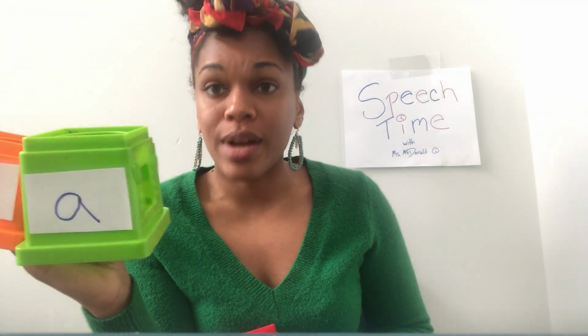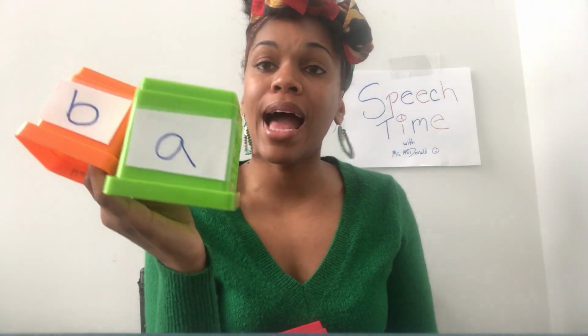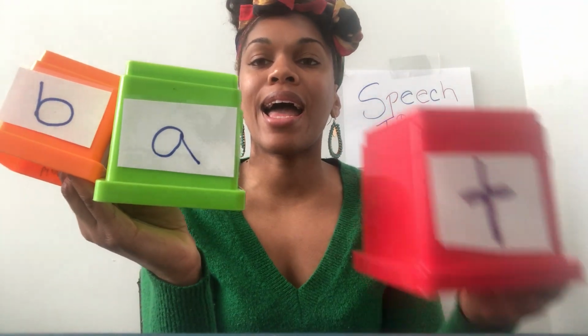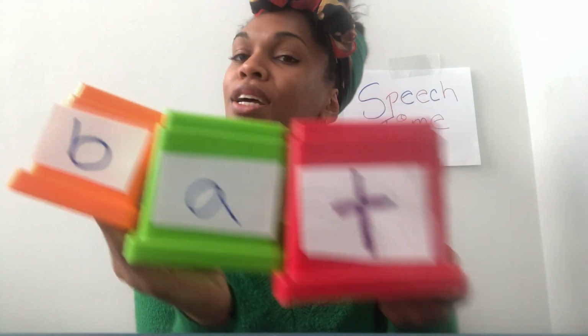All right, are you ready? Here we go. First, we're going to start off by saying ba, and then add your last sound. Here we go again. Ba, add your last sound. This time I'm going to make it faster. Are we ready? Bat. Let's do it again. Bat. Here we go, one more time.